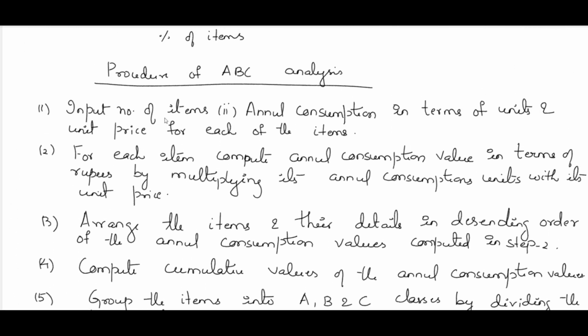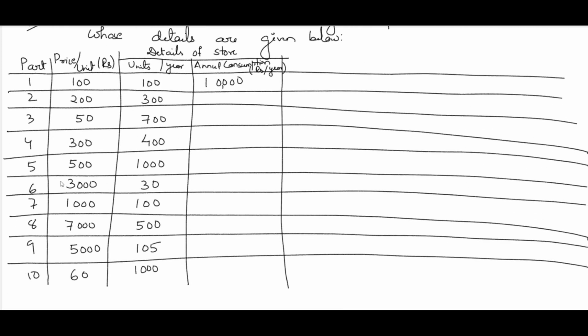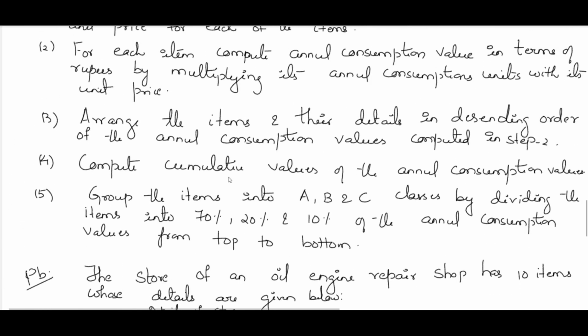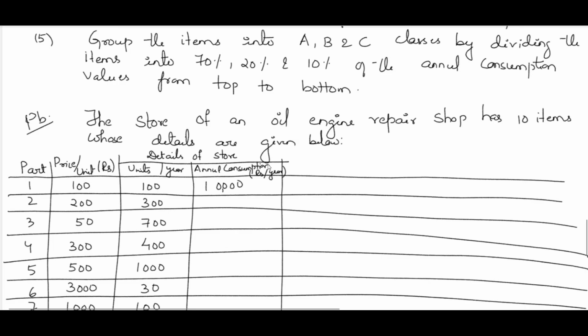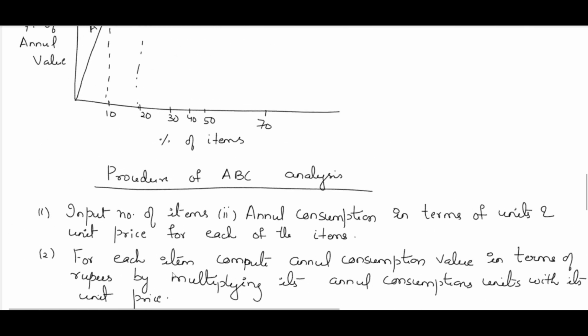Second step is for each item compute annual consumption value in terms of rupees by multiplying annual consumption units with its unit price.